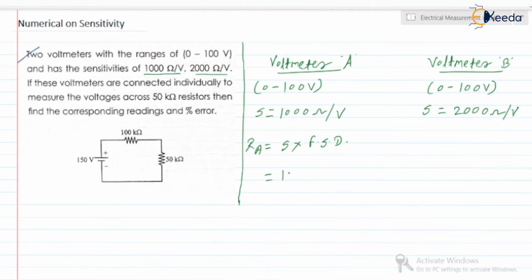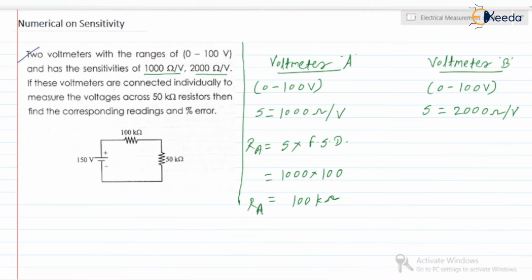S is 1000 ohm per volt, into 100 volt; the volt gets cancelled and we get 1000 into 100, so it is 100 kilo ohm. This is the resistance of voltmeter A.